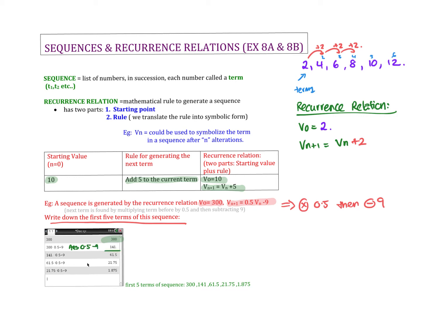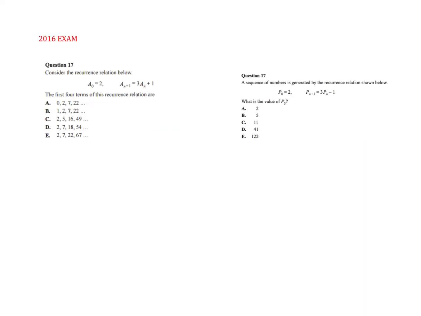So this says the first 5 terms. So there's term 1, 2, 3, 4, 5. So you would write those numbers down like that. There's our answer. All right, let's do some exam questions now.